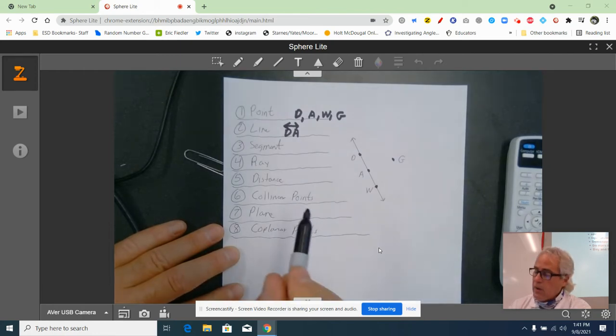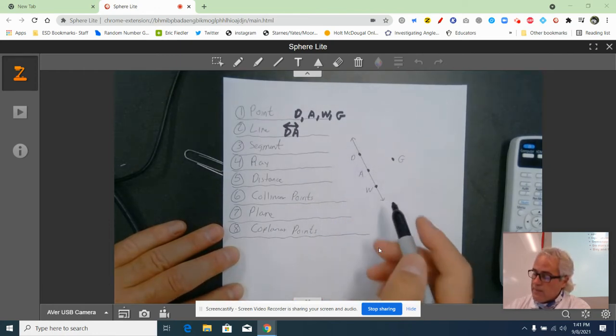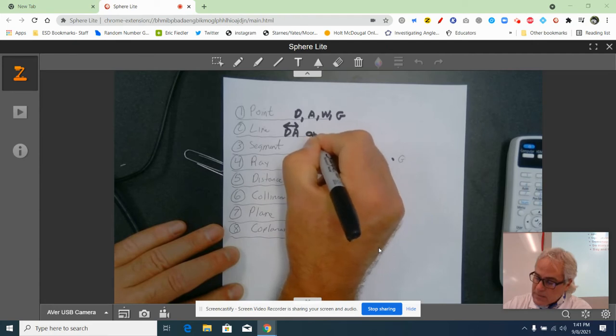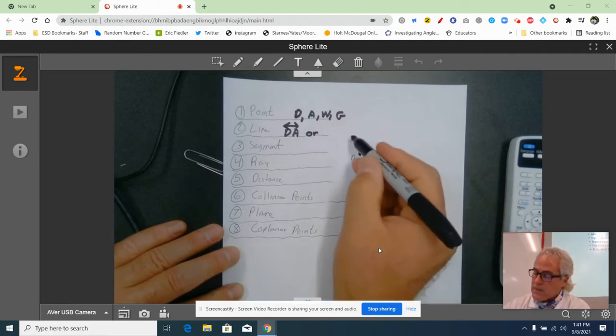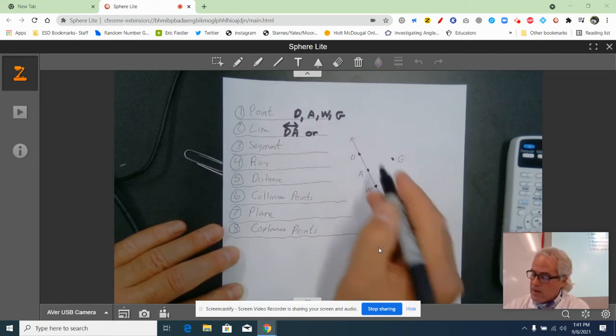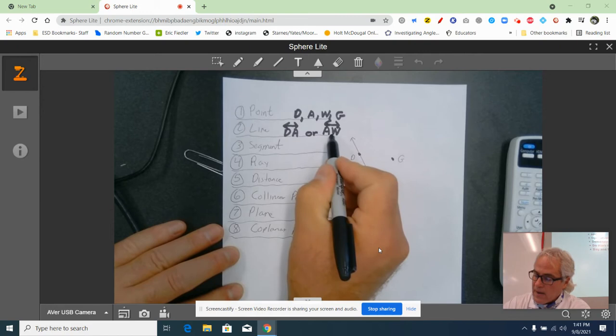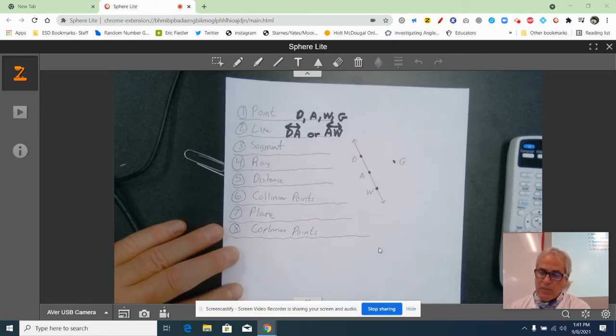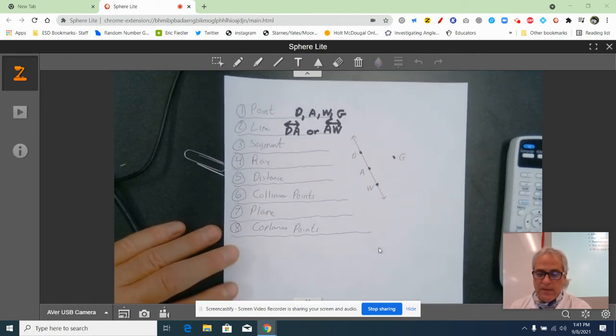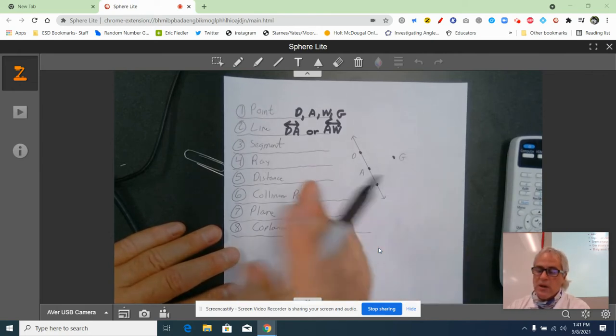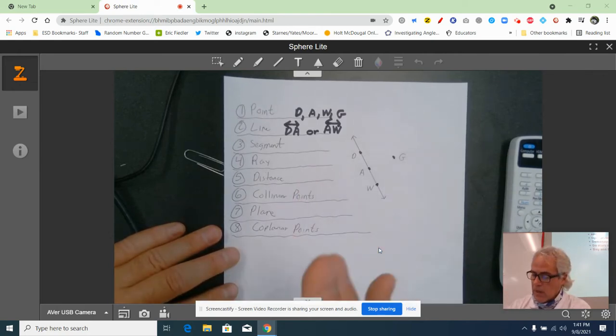Okay. Now, for this very same line, there are other names. I could pick any 2 points that lie on that line. Like I could take A and W, put a line symbol above, and this line AW is the exact same line as DA. Now, there are other things that you could do. You could say, hey, listen, I want you to take this picture and picture line AG.